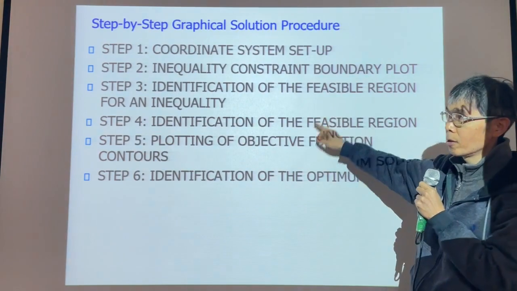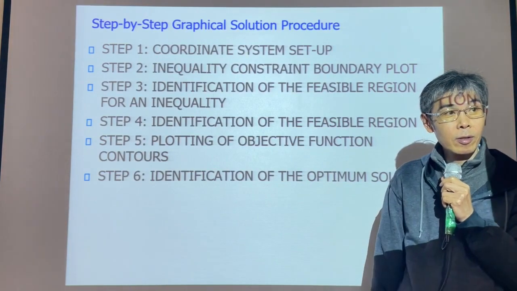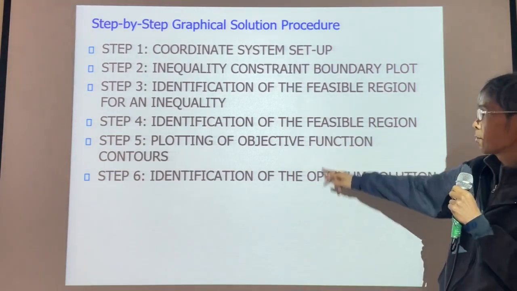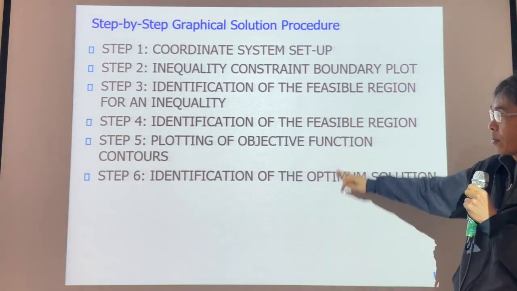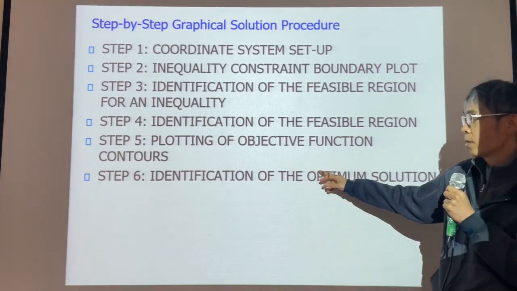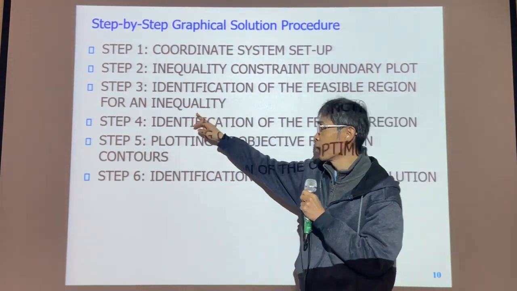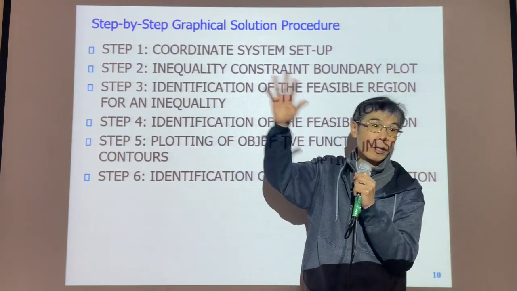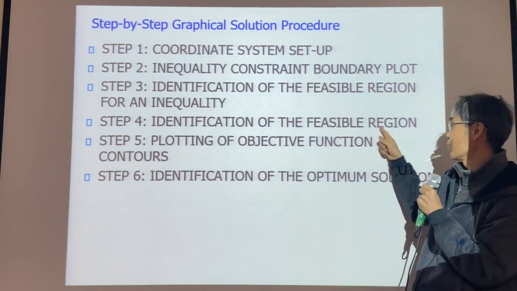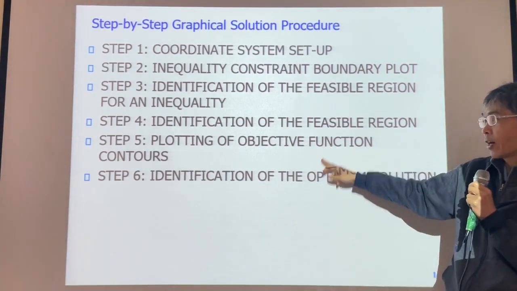Okay, step 4: indication of the feasible region. This means identify the feasible region for each inequality, but we have many inequalities, so you need to combine them together to find the feasible region.